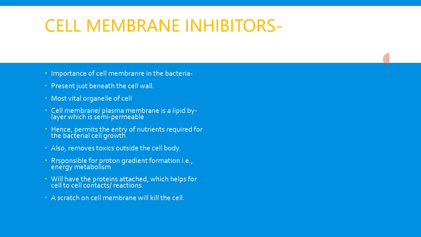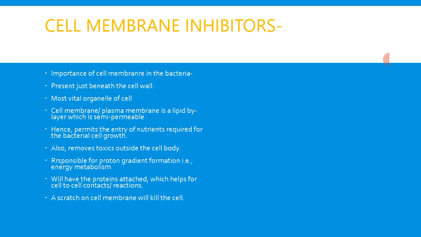then it is responsible for proton gradient formation, that is the energy metabolism. Now as they are responsible for transferring certain molecules, chemicals or nutrients, macromolecules, micromolecules, they will produce the proton gradient due to the charges, right?